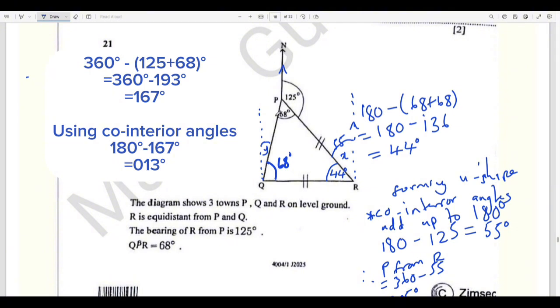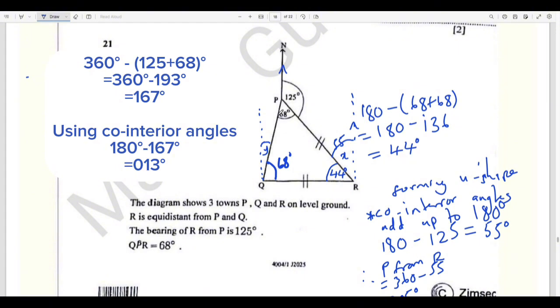So what we can do is find the total angle from the bearing of Q from P, which is 125 plus 68. That gives us 193. Then we subtract 193 from 360 to get 167.